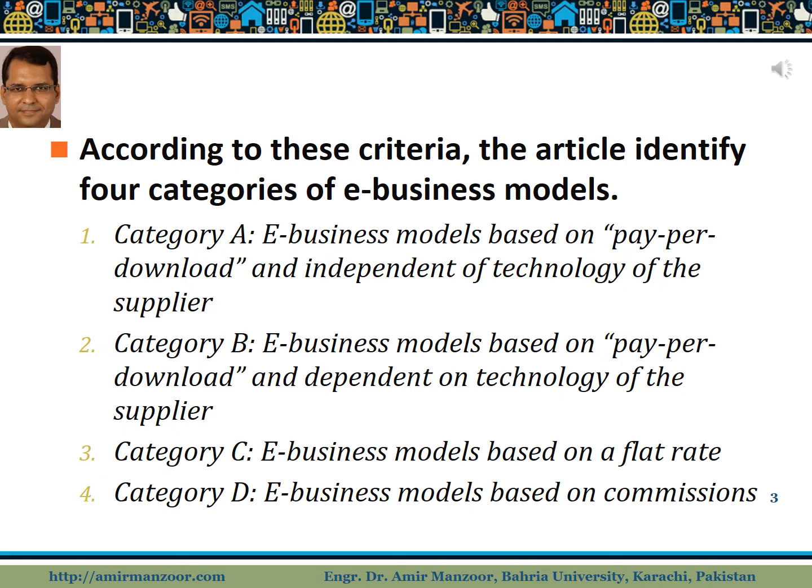The offered content does not really differ from the business models of category A. However, in this type, the customers have more freedom to use the digital media content, particularly with regard to the technology of the supplier.